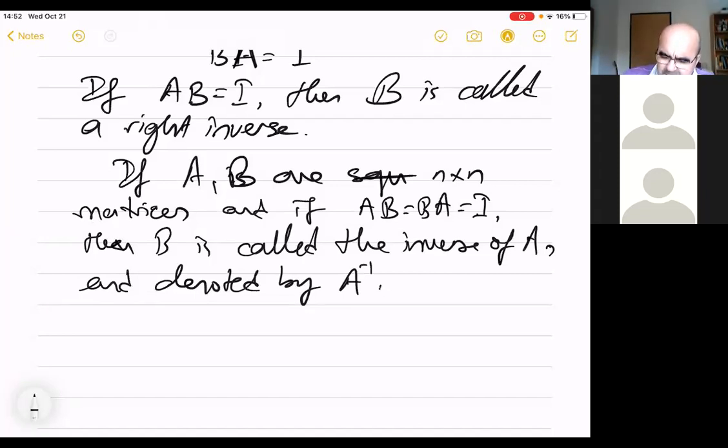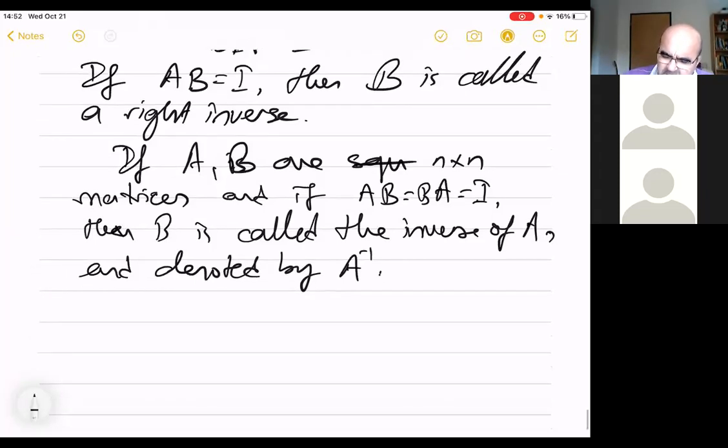Like in calculus, for example, when you write sine inverse x, it might mean two things: for example, 1 over sine x, or arcsine x.